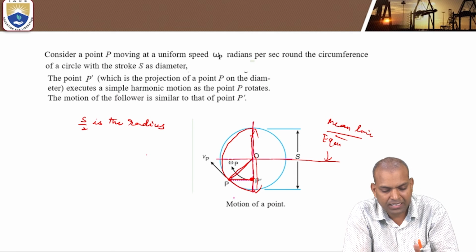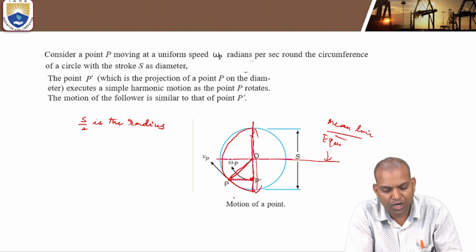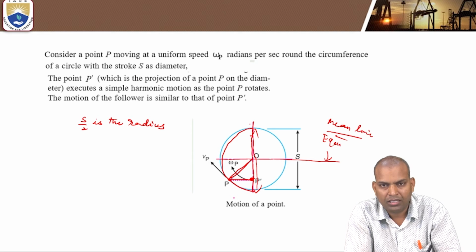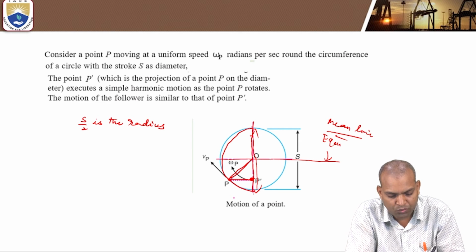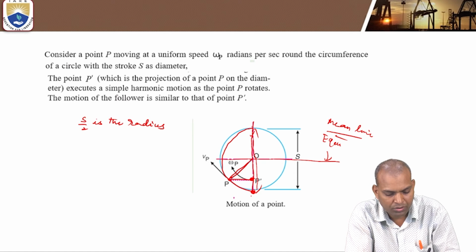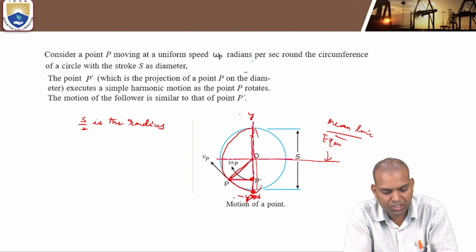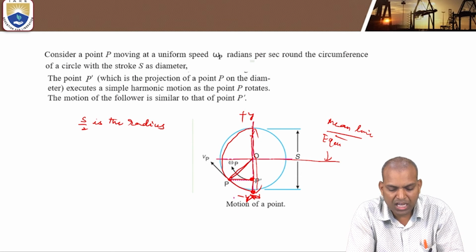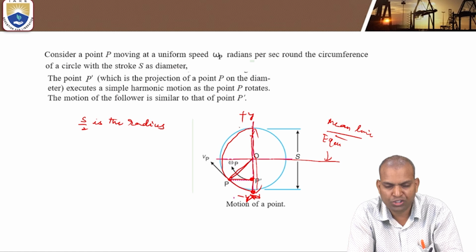When the point P moves 180 degrees, the projection takes place one time on the axis. If P moves from negative y to positive y, then P dash moves from y dash to plus y, up and down.